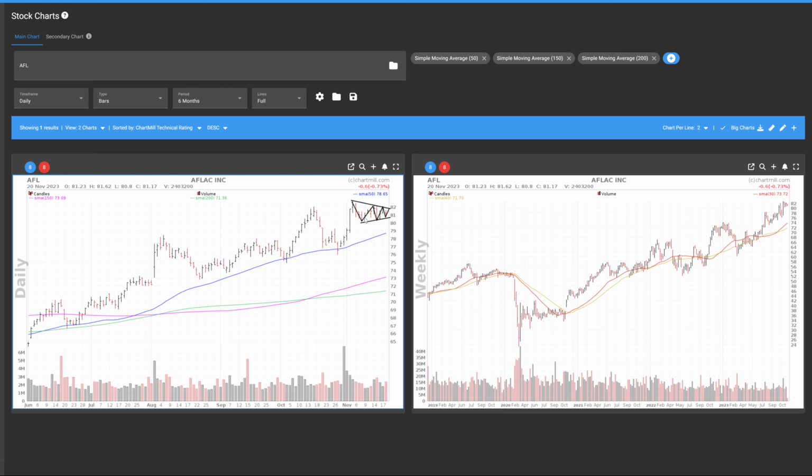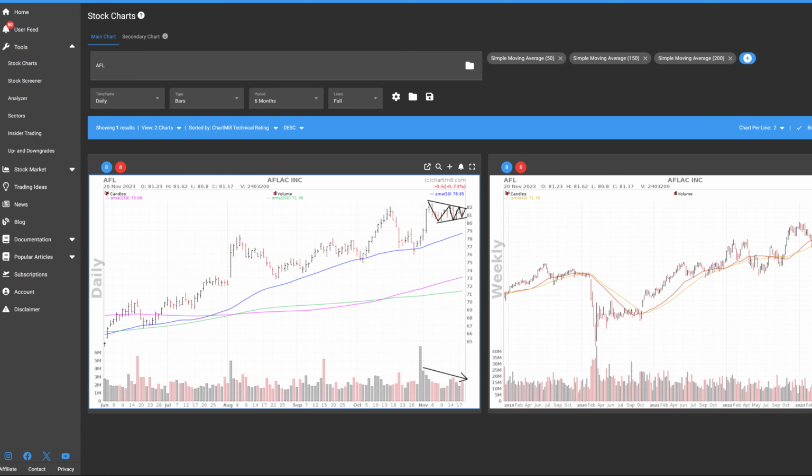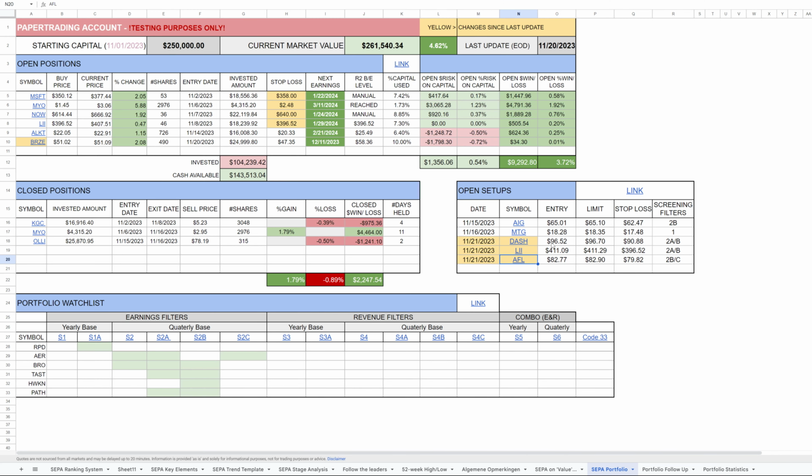As you can see, it's getting tighter, volume declines. So once again, in this case, I'm going to try to enter a position as soon as price can get above 82.71, and I think my entry is at 82.77. Yes, 82.77 with a limit at 82.90, and this ticker corresponds to 2B and 2C.